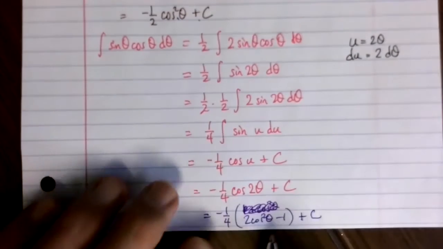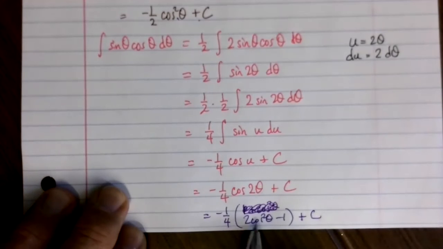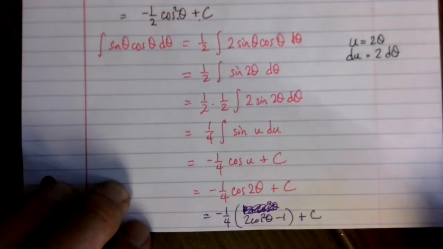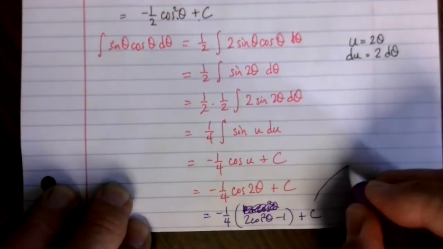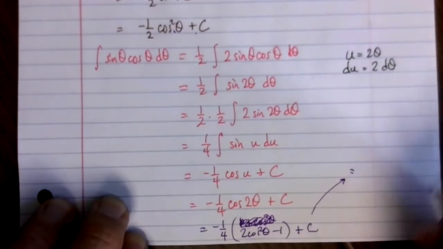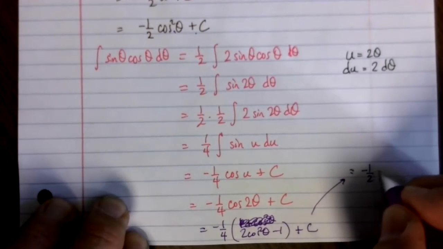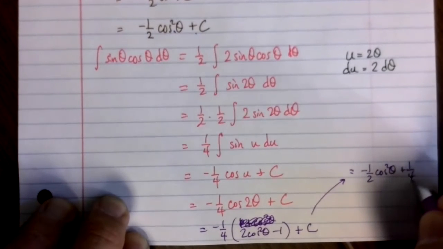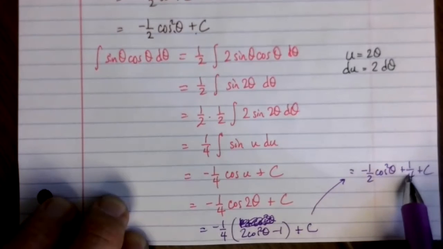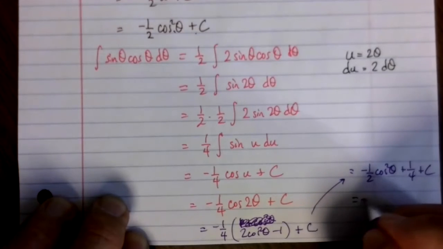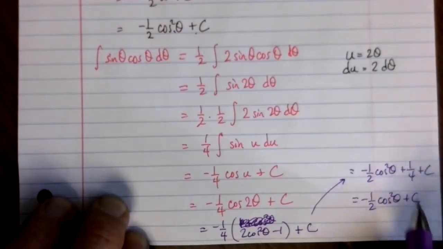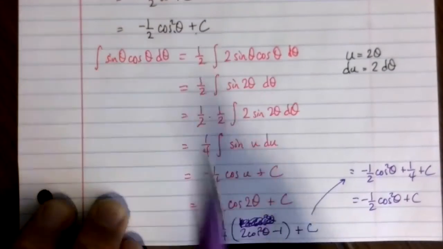That's a trig identity, one of the 3 double angle identities for cosine. Multiplying out, this is equal to minus 1/2 cosine squared theta plus 1/4 plus the constant. And once again, 1/4 plus an arbitrary constant is an arbitrary constant. And so this reduces to what I had up here.